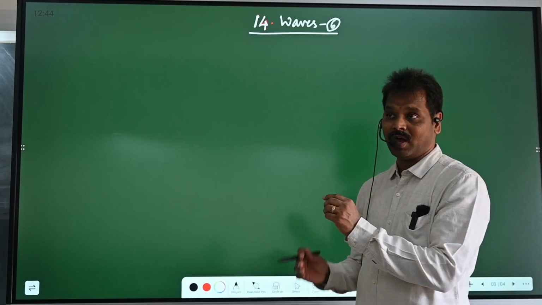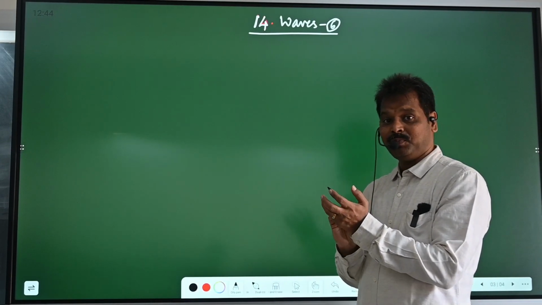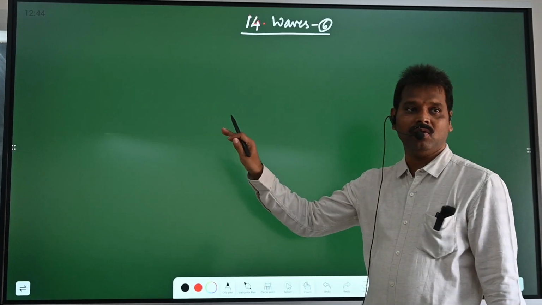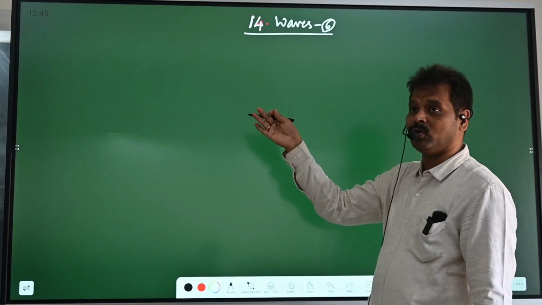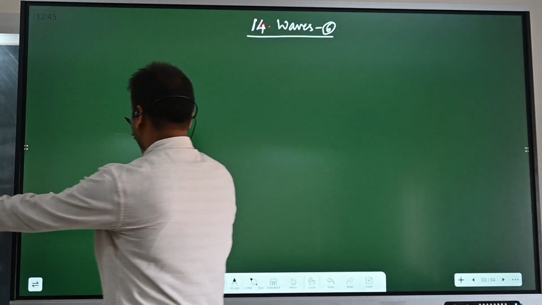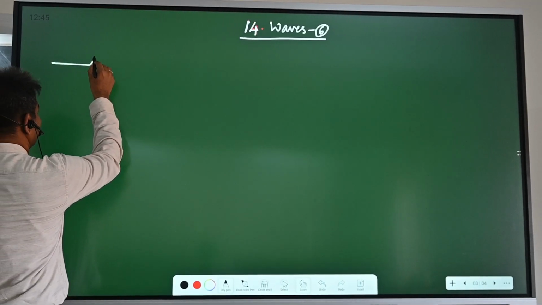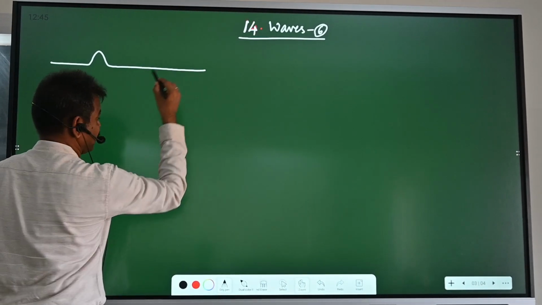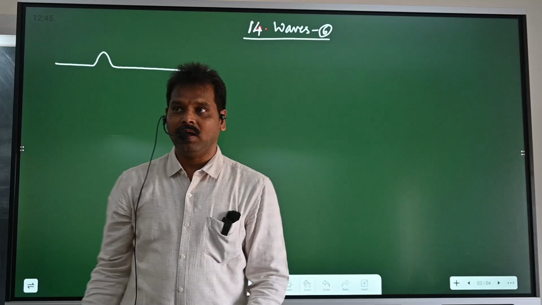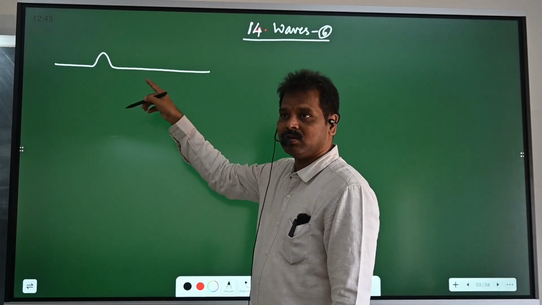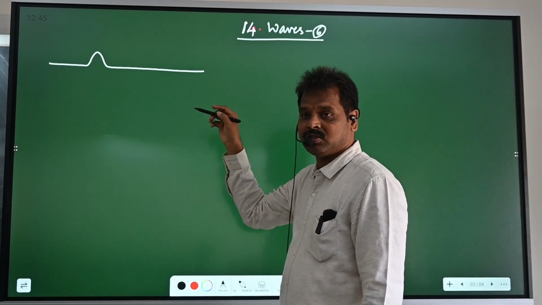What happens to the displacement of the wave after transmitting into the other medium? We will see. First, this is the pulse traveling like this, and it is produced on a string.